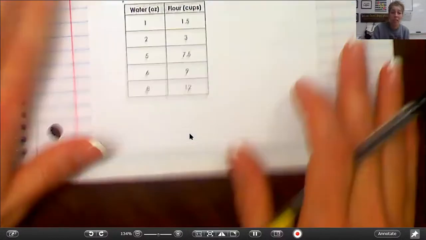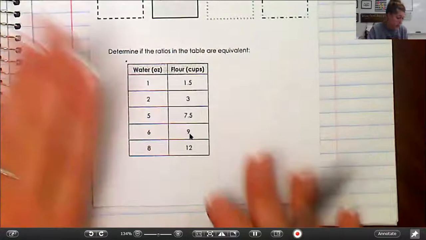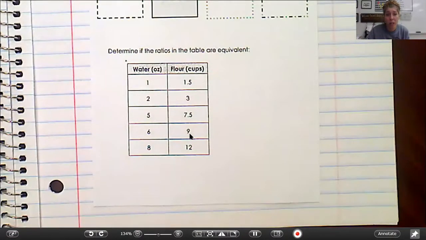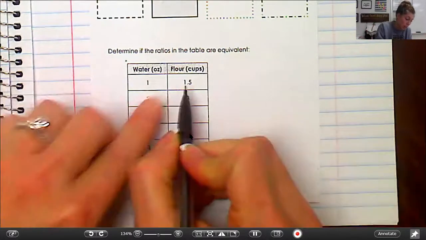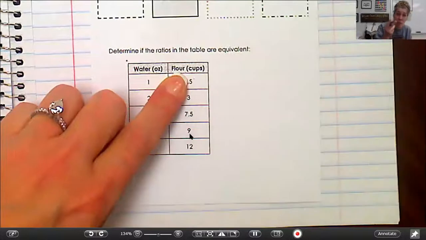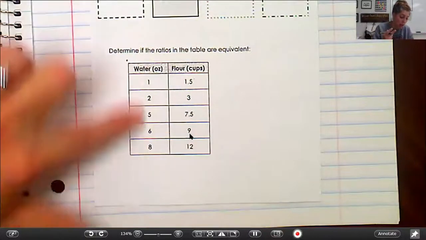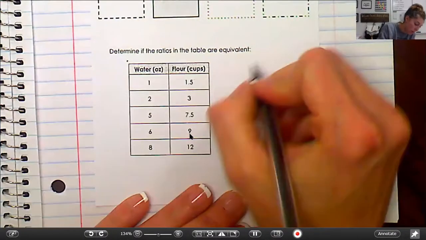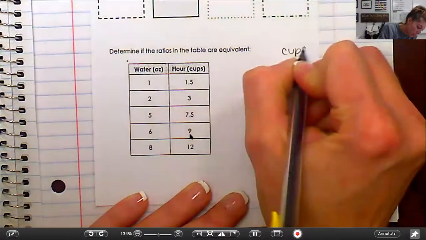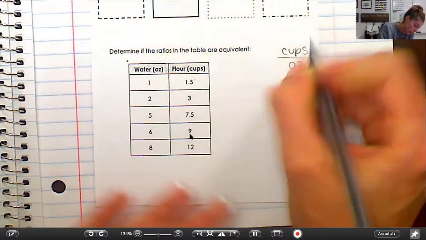All right, so last one. You're going to determine if the water and flour cups are equivalent to each other. Again, I say just pick a pattern and roll with it. This time I'm going to swap it. I put the left side over the right last time. So now I'm going to do cups over ounces.